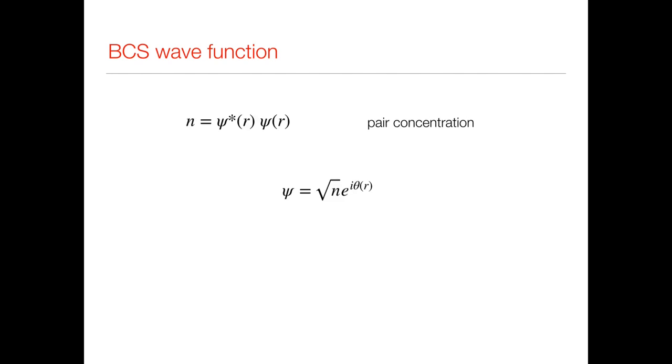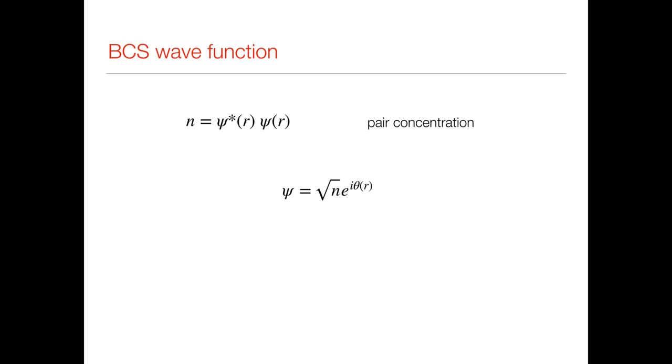So BCS says that we can take this more simplified boson wave function, and we could form, for example, a pair concentration. The mod squared of this wave function gives us the concentration of the Cooper pairs.